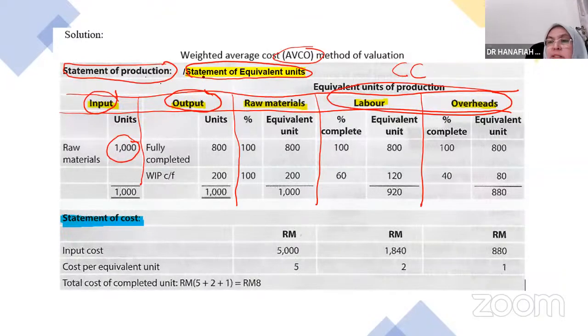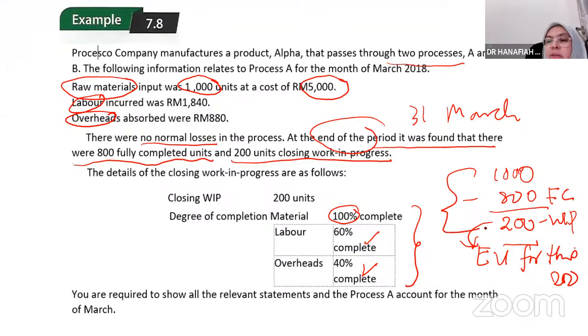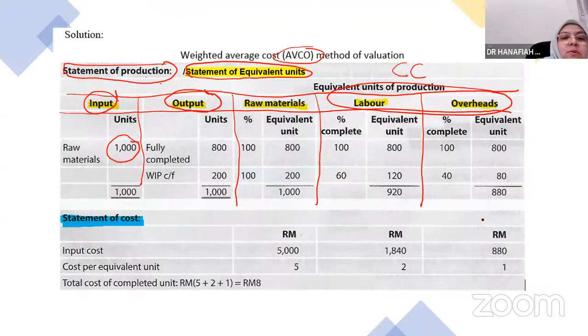Based on your calculation just now, we know that part of it is fully completed and another part is work in progress. So what you need to write here: the 800 is fully completed and the work in progress is 200.